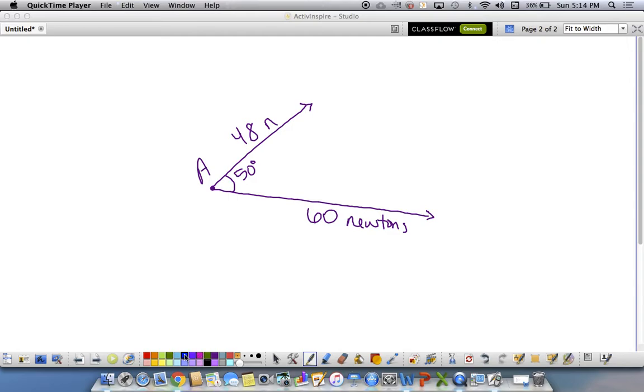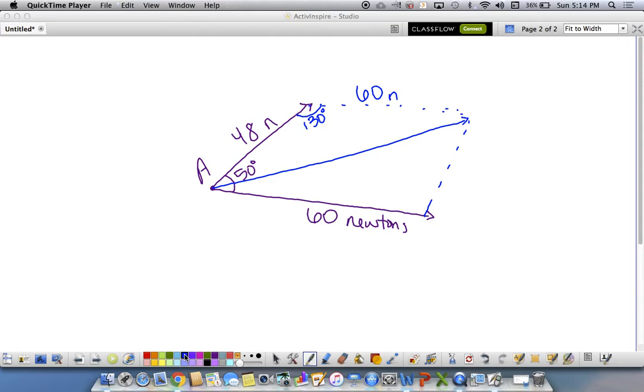So here we go. We need to find the magnitude of this. Using my parallelogram rule, I know that this side is 60 newtons also. I know that this angle up here is 130 degrees. How do I know that?